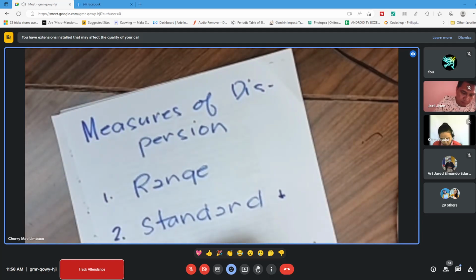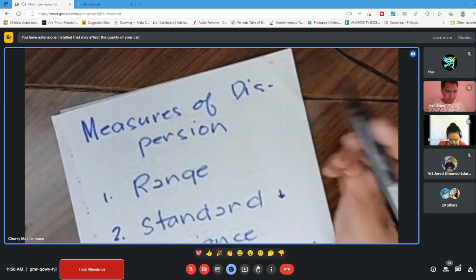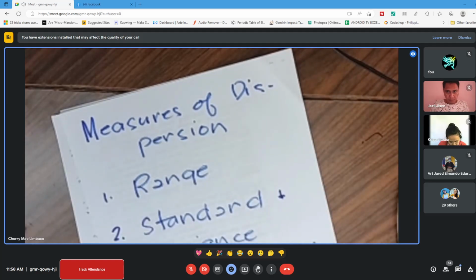Standard deviation and variance are the same thing. Only, if you have the variance, get the square root of your variance and it becomes the standard deviation. If you have a standard deviation, all you have to do is raise it to the second power and you have the variance.